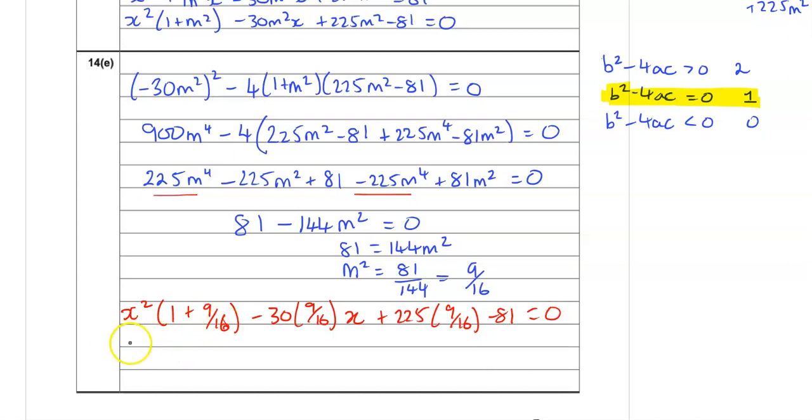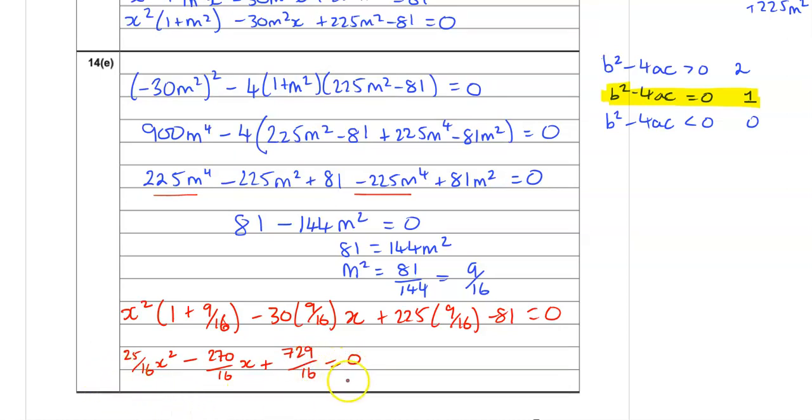Then what that gives us is 25 over 16 x squared, take away, so 30 lots of 9 is 270 over 16 x, and then we've got a combination here, so I just have to work that out quickly, which is 729 over 16, and that's going to equal 0.